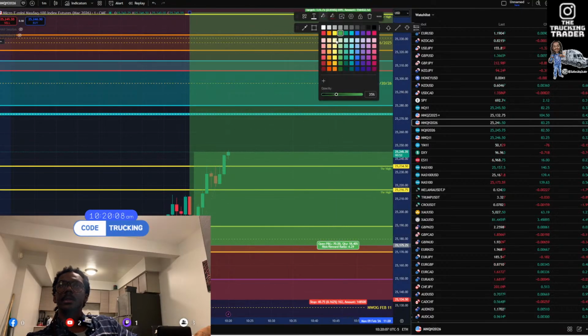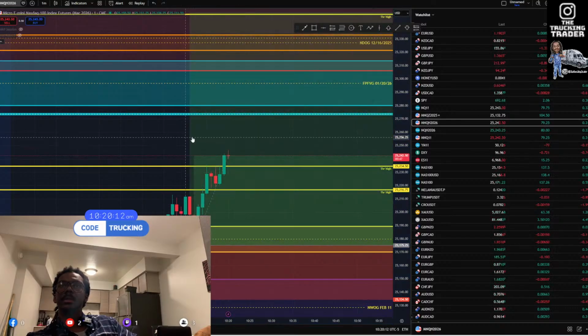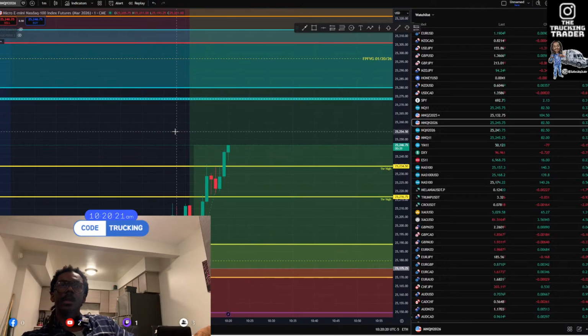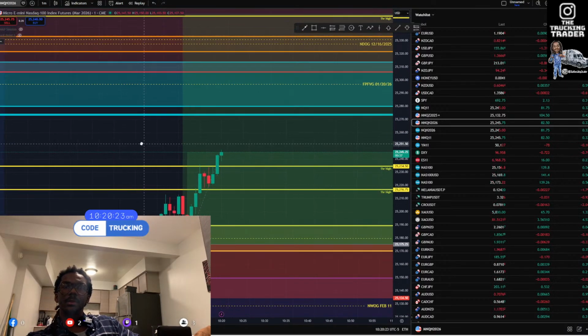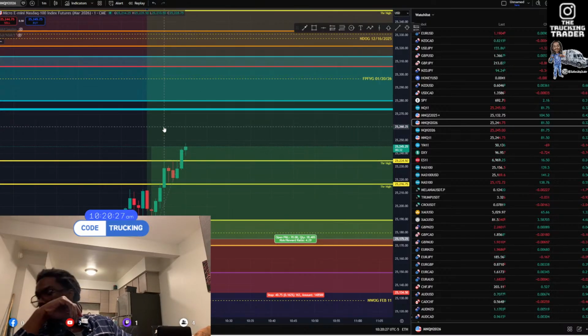I'm really not tripping too hard. We already missed one entry. We don't want to keep chasing it at the top. But so far, I like the price action for buys. It's pretty much impossible to take a sell in this type of price action.